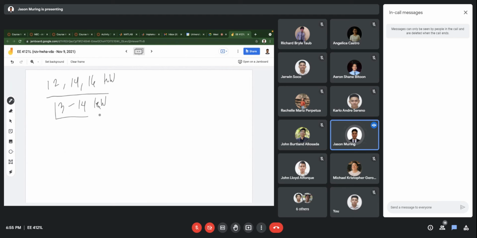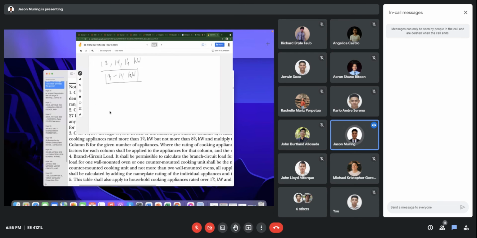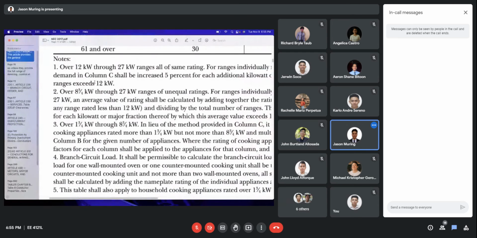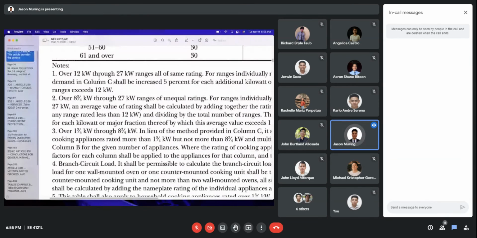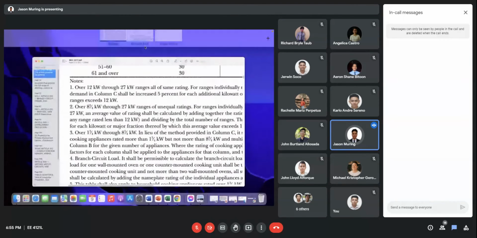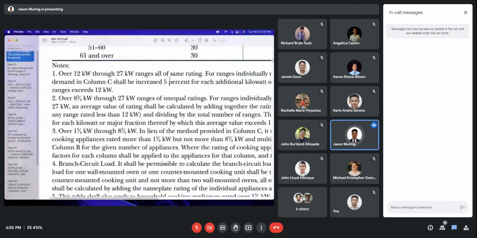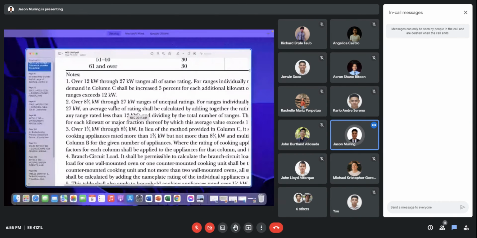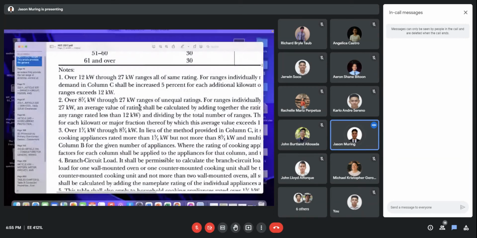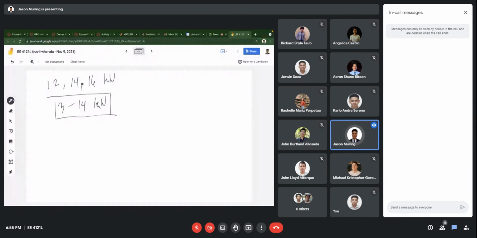After converting this, we can now apply note 1. Note 1 is for the same rating, while note 2 is there just to make these different ratings have the same rating.